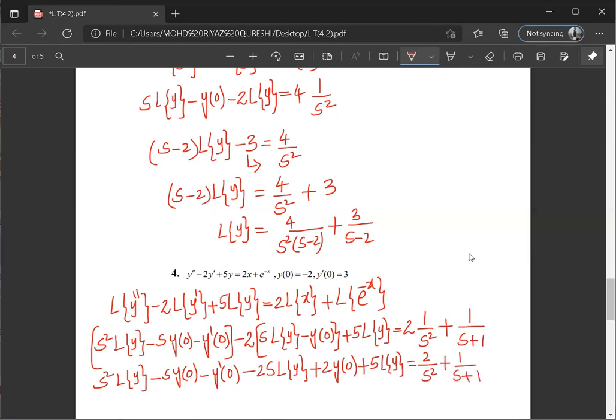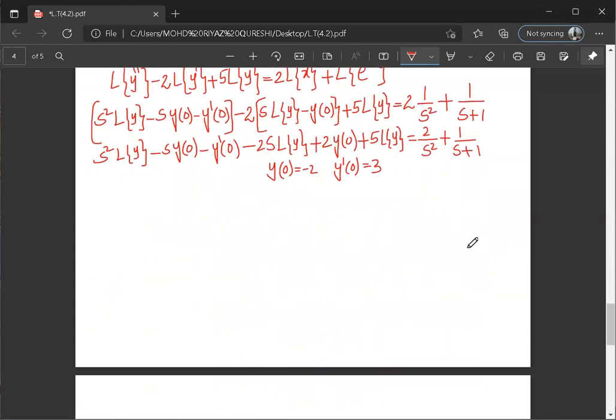Now use the above condition, that is y of 0 value is equals to minus 2 and y dash of 0 value is equals to 3. Substitute both of these two values.